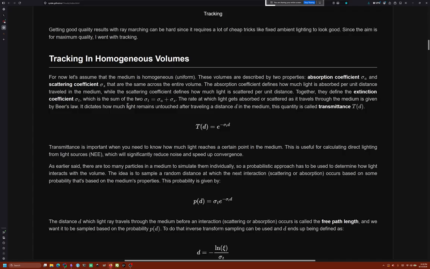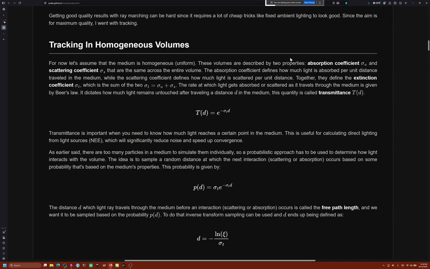For now, let's assume the medium is homogeneous, so this is a uniform volume. They're described by two properties. Sigma A is the absorption coefficient, and sigma S is the scattering coefficient. And these are the same across the entire volume.